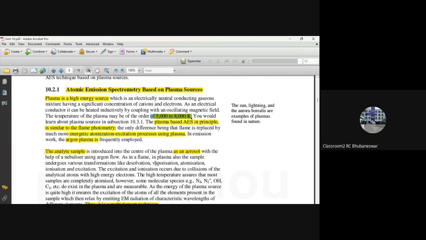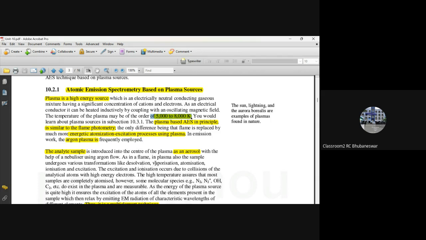But what about elements that need more than 5000 K? If this much temperature is needed for atomization, then you have to go for the plasma way of atomization, where you can maintain a temperature of the order of 5000 to 8000 Kelvin.